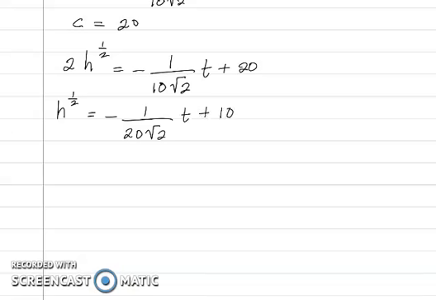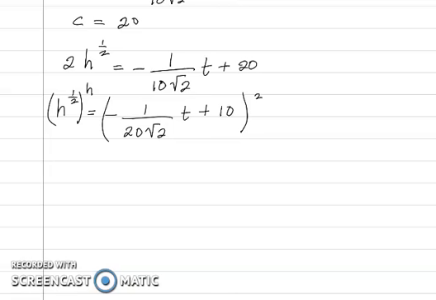Now to get rid of the square root sign, or the 1/2 power, I'm going to square both sides. So I get h is equal to 10 minus 1 over 20 root 2 t, all squared.